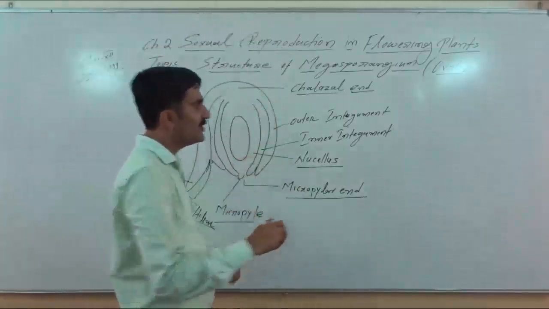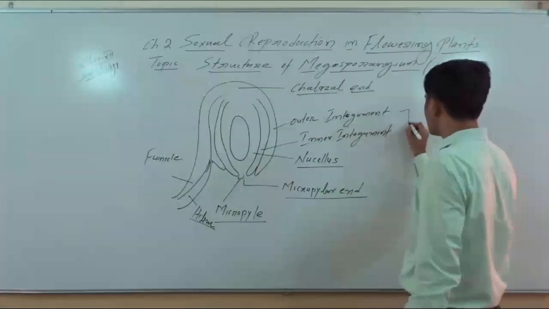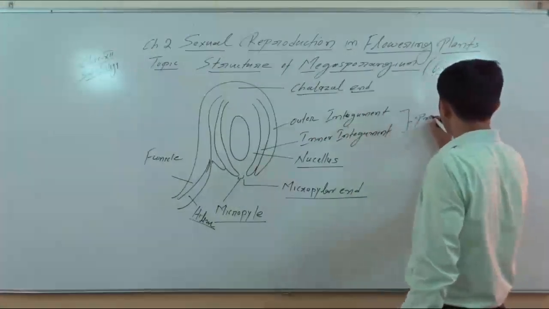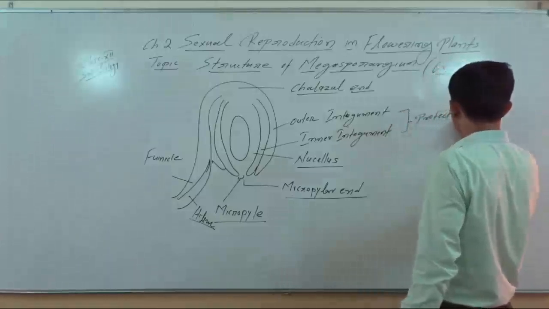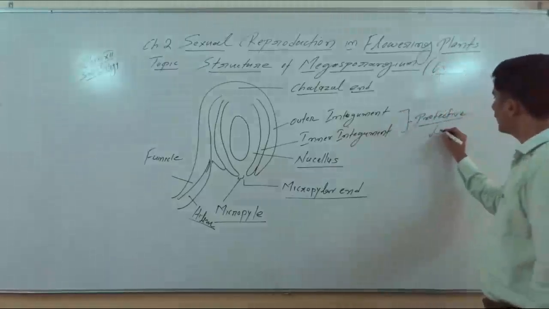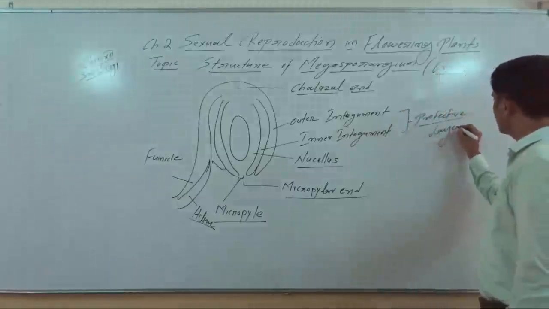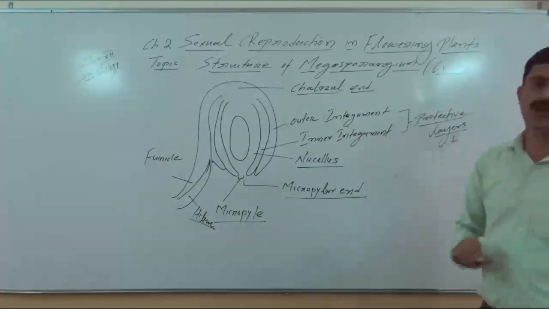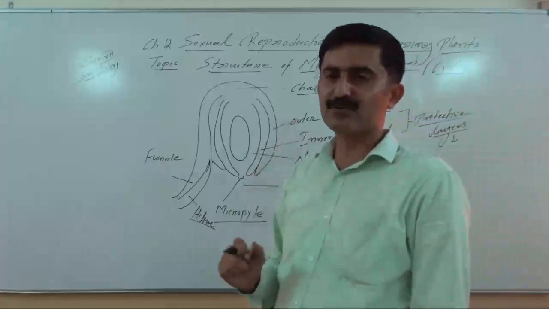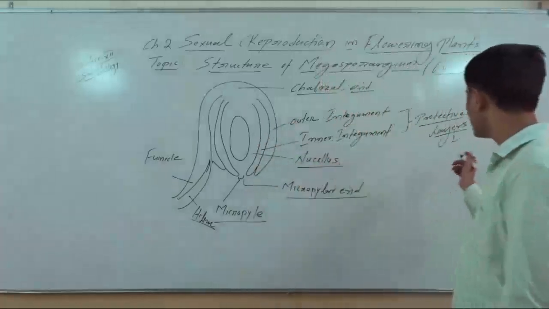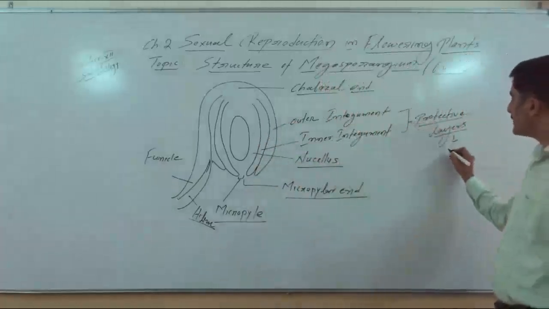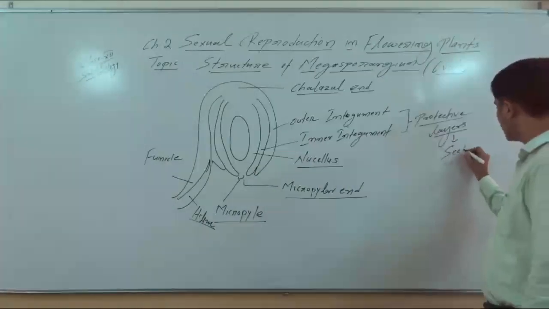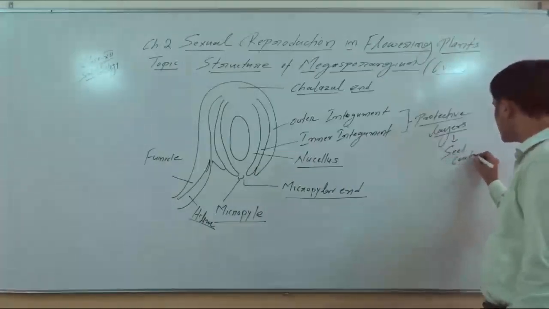When we look into integuments, integuments are protective layers. All of us know that the ovule will develop into seed. When the ovule develops into seed, the integuments develop into the seed coat.